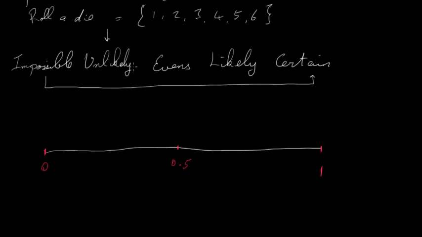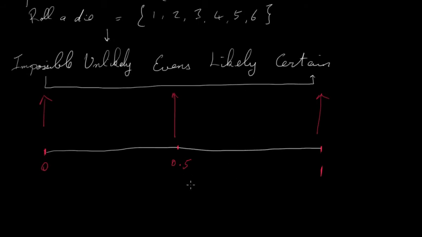So it's very similar to this scale up here. 0 is impossible, 1 is certain, and then 0.5 is evens. And so you can actually measure things in terms of actual numbers here rather than words.